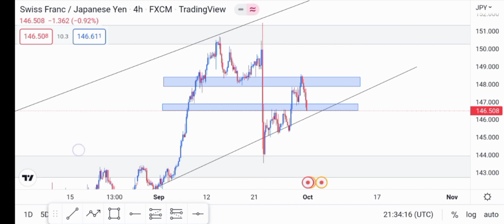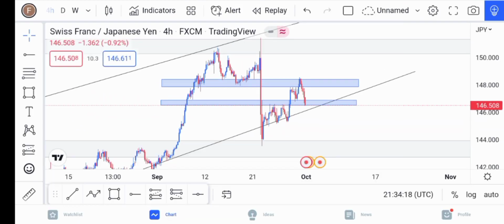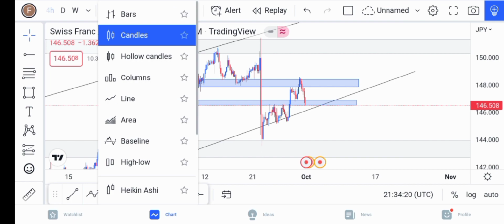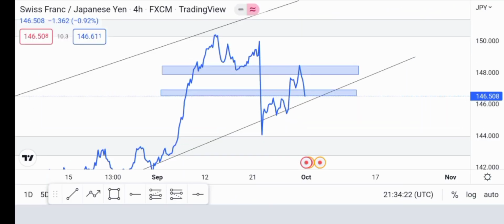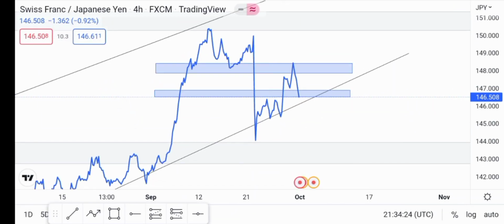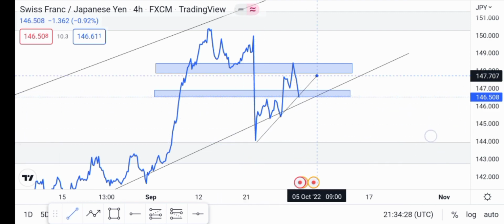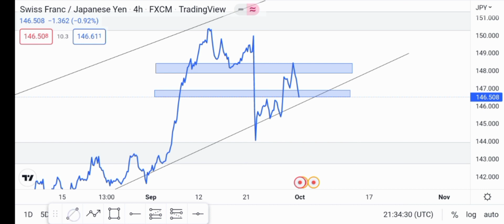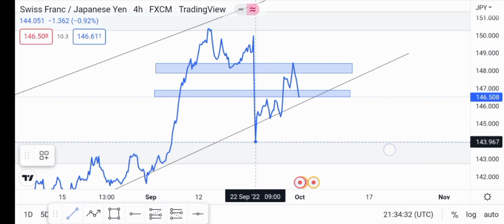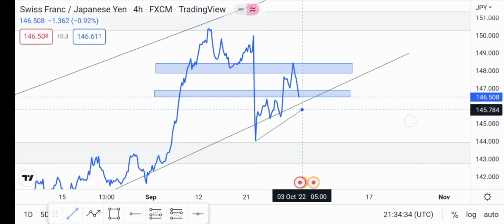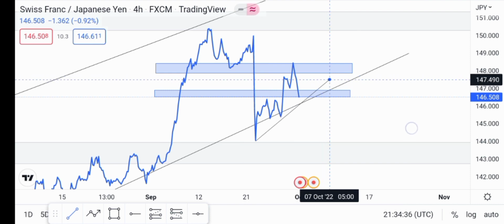So let us change this to the line chart, because I'm seeing a beautiful pattern happening right over here, starting from this area right over here. Okay, so you have this beautiful... What's going on with the trend line?